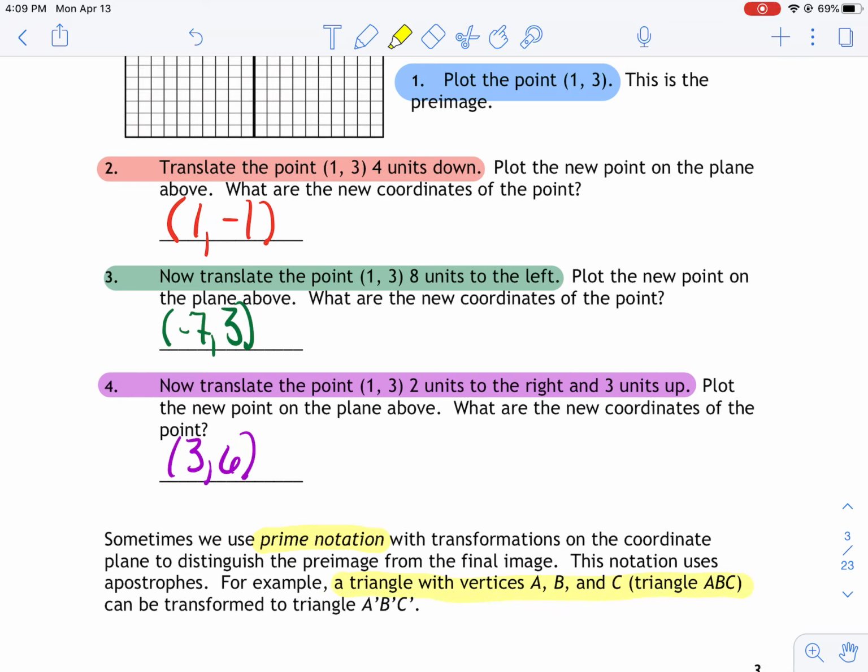The final image might be triangle A prime, B prime, C prime. Notice that the letters stay in the same order, but we just say prime with the apostrophes there. So A prime, B prime, C prime. And that way we can distinguish pre-image from final image. So we're going to try that on the next example here and go from there.